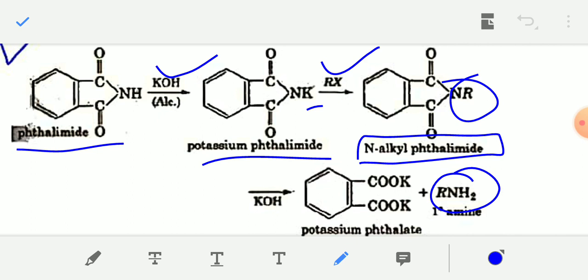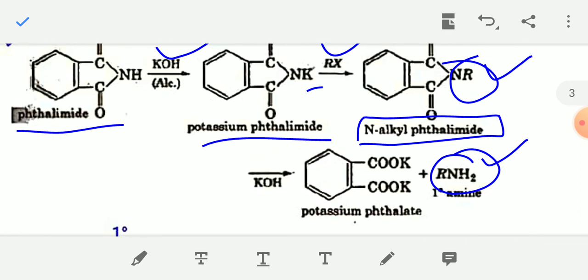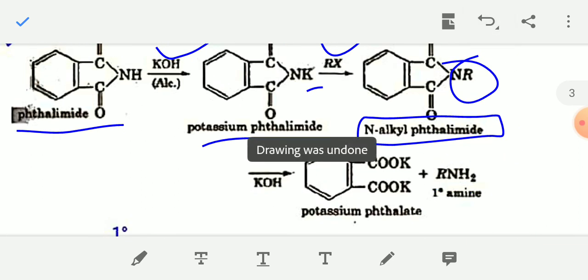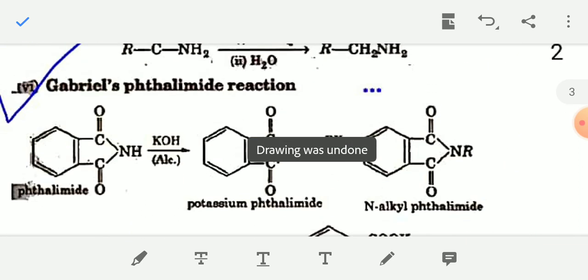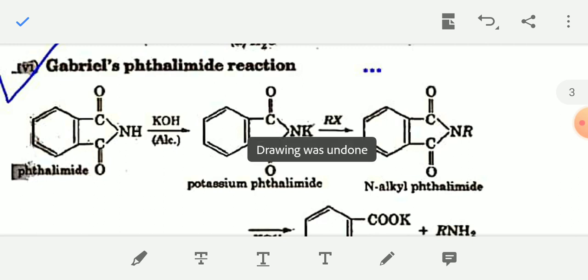The NR group from N-alkyl phthalimide is removed as RNH2, and the remaining part is converted into potassium phthalate, the salt of phthalic acid. So in the Gabriel phthalimide reaction, first you react phthalimide with KOH, and the NH group of phthalimide is converted into an NK group, that is potassium phthalimide.